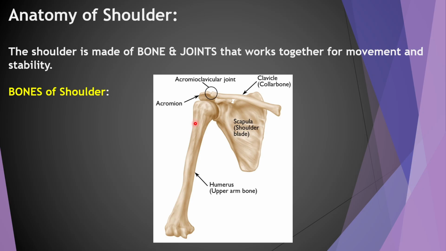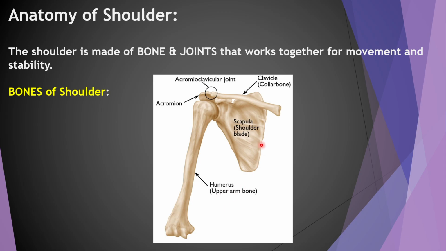Now, before going to do the OP report, we have to know the anatomy of the shoulder, knee, and hip joint, mostly. So first, the shoulder joint. The shoulder is formed by the clavicle, scapula, and the humerus.